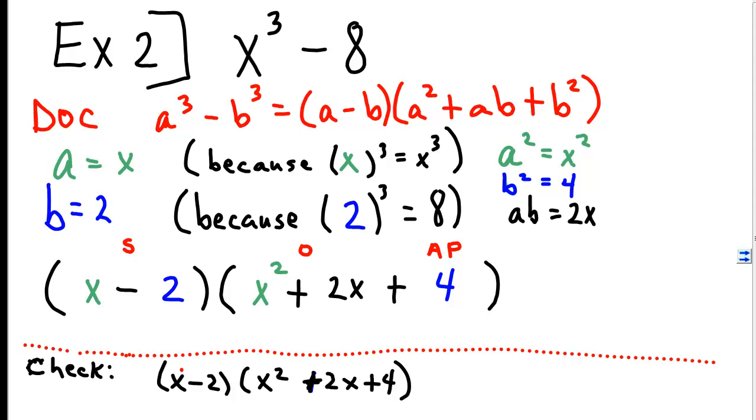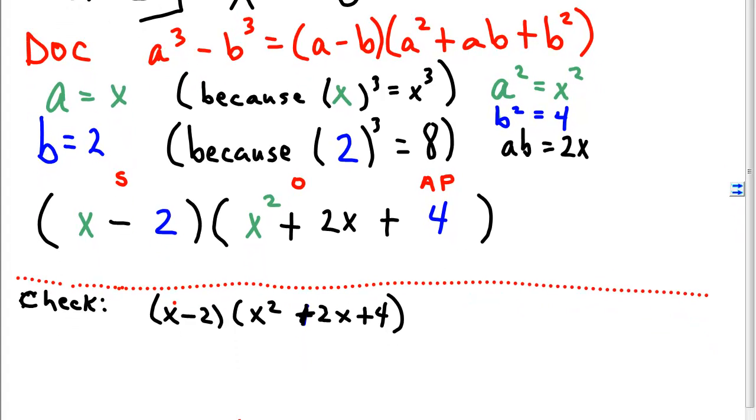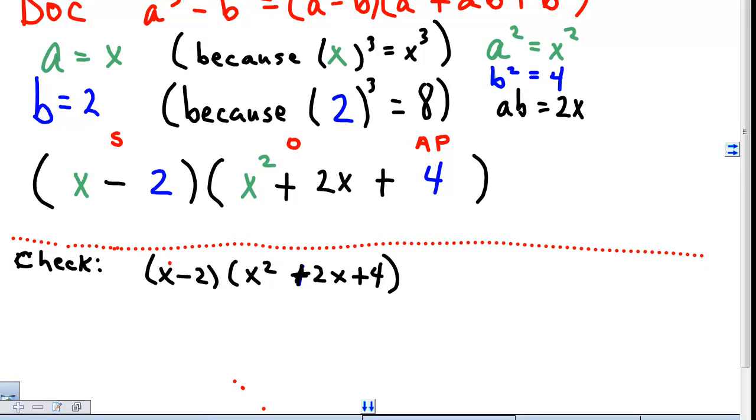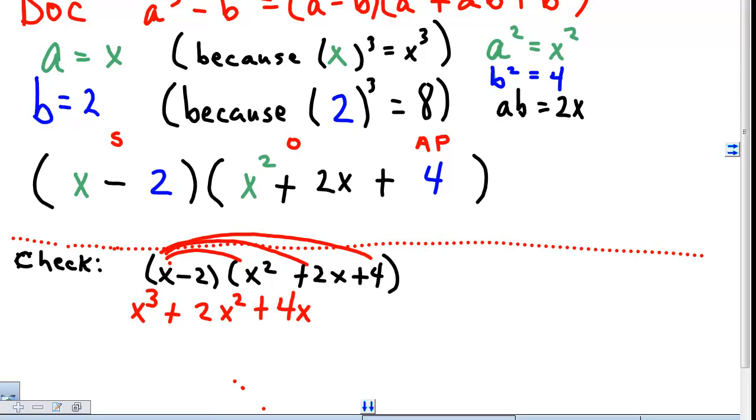We could check by multiplying. I am only going to do it this one time. We start with the x. x times x squared is x cubed. x times 2x is 2x squared. And x times 4 is 4x. We're done with the x's, so we move to the 2's.